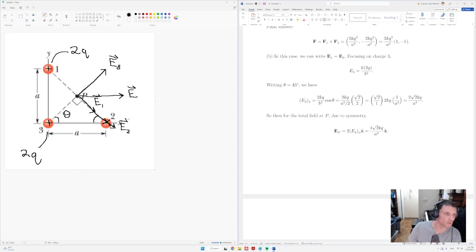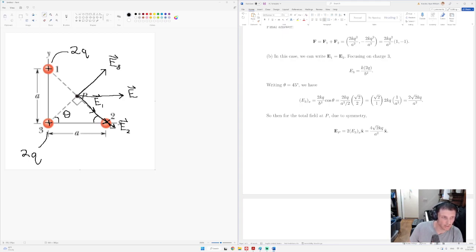Let me talk myself through this one more time, make sure it's good. We basically said that we can ignore charge 2 and imagine that the magnitude of charge 1 is doubled. So then this has charge 2q, this has charge 2q. Both of them are the same distance away from the point, so we just figure out what the x component of one of the charges is.